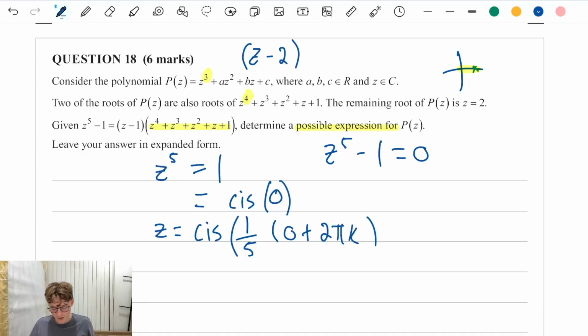So once we've got this expression, I can now substitute in k equals 0, 1, 2, 3, and 4 to get my 5 solutions. Again, one of them should be z equals 1. The other 4 will be the roots of my quartic.